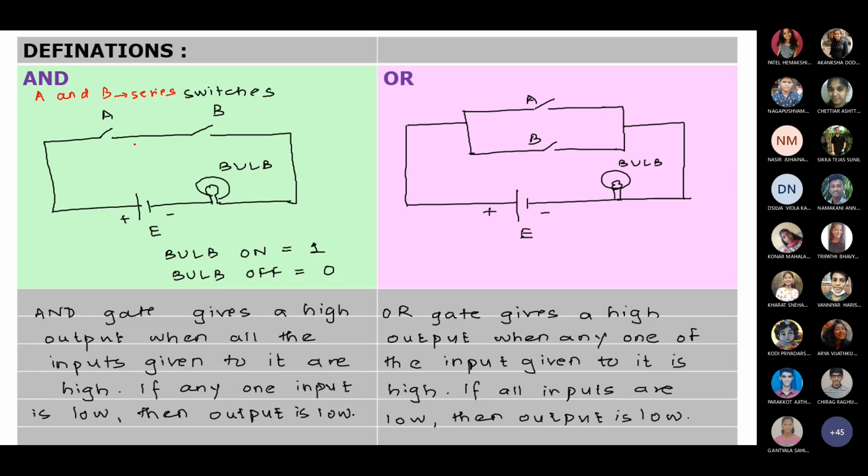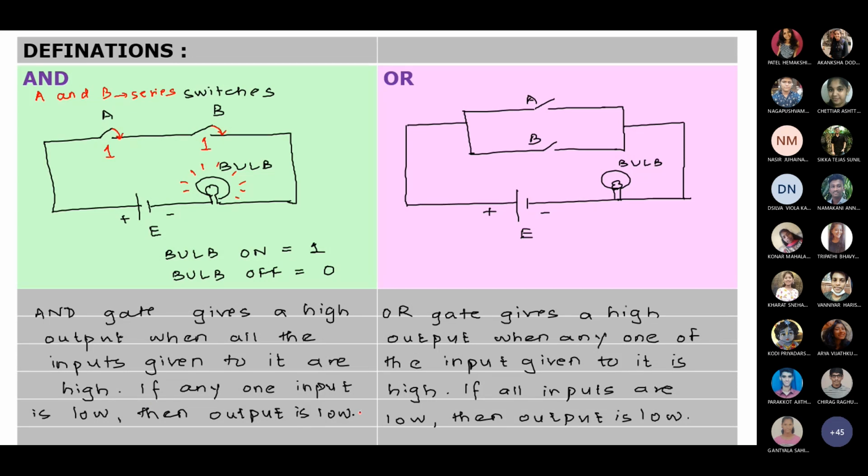If you look at this first circuit, in which condition is the bulb going to glow? When both A and B are connected. Yes, when both A and B are connected, that time the bulb is going to glow. That means when both A and B are 1, the bulb glows.